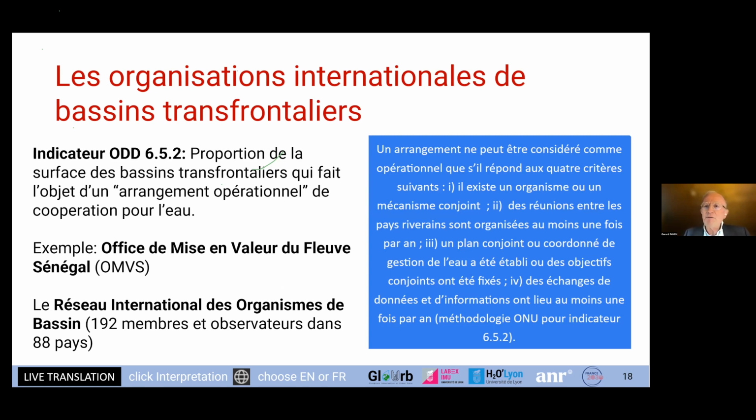So there is, for example, the Office for the Development of the Senegal River. So it's an office that's in charge of regulating the river, its dams and hydropower production, but it's also in charge of social and environmental questions. It's in charge of the economic life of the neighboring populations, but while focusing on the river's ecosystems. So these organizations have their own global organization with a considerable number of members.